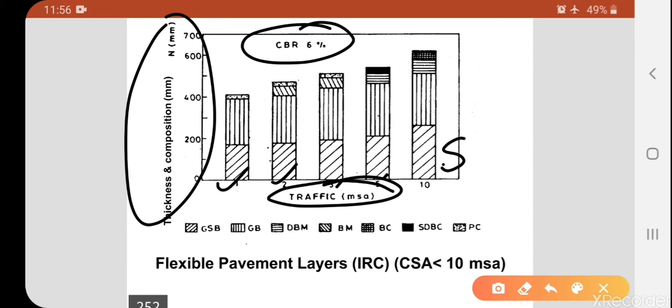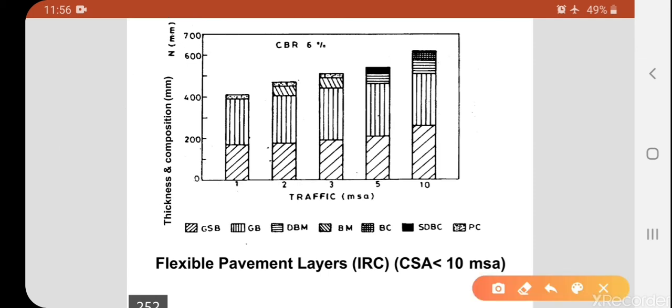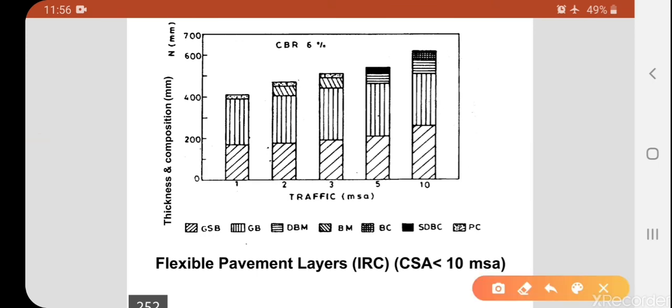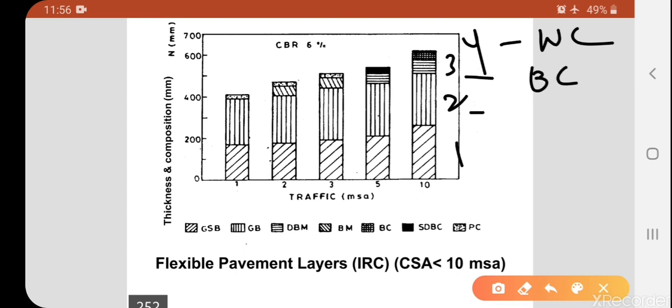First the wearing course, base course, sub base course, and subgrade. So these are the 4 different layers: 1, 2, 3, 4. Wearing course first, second base course, third sub base course, last one subgrade.